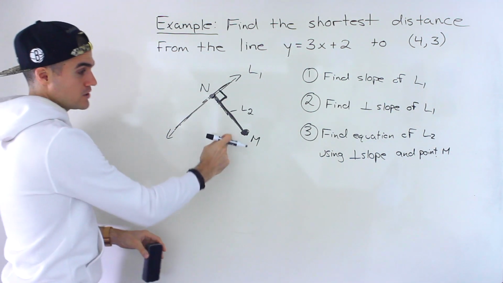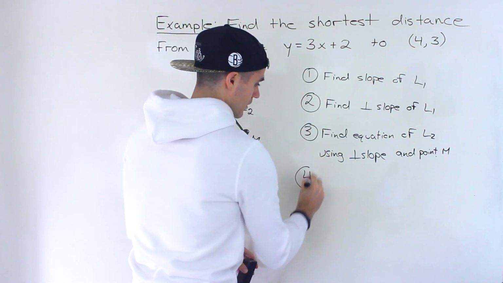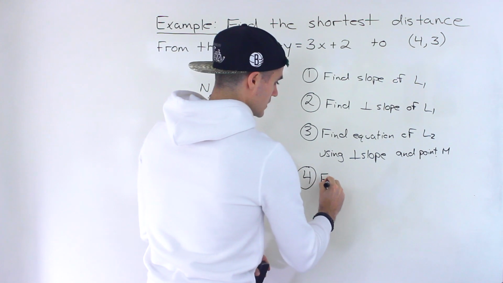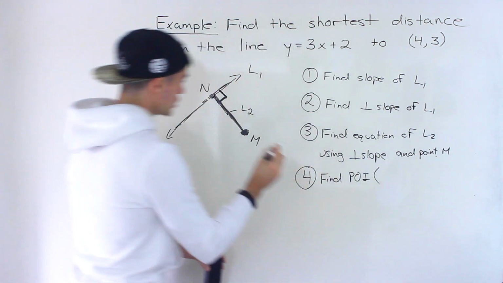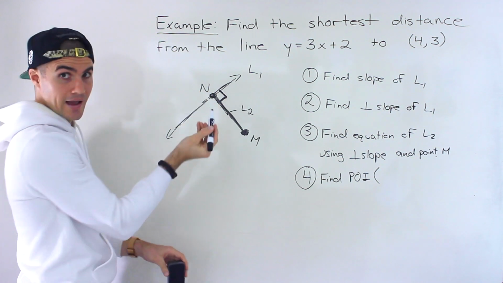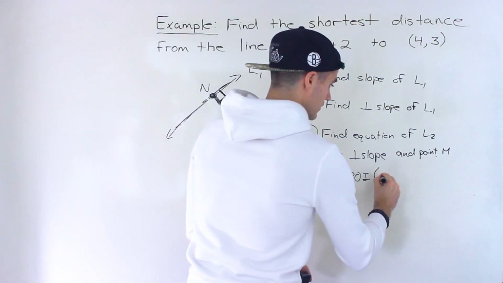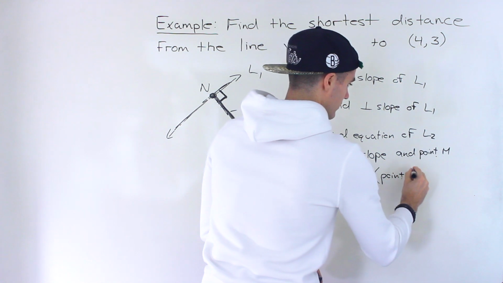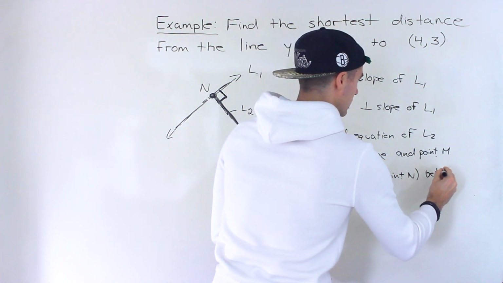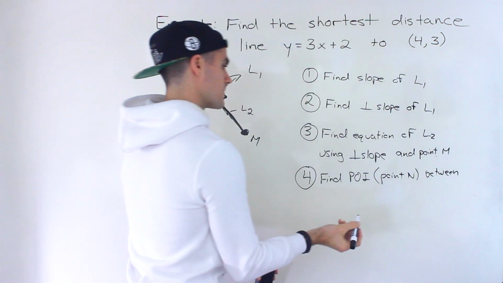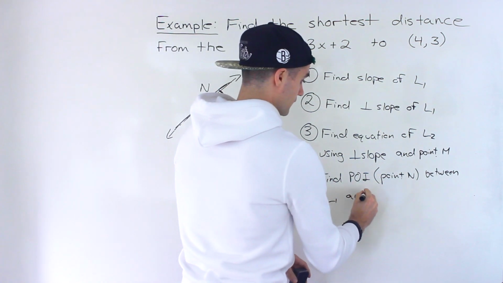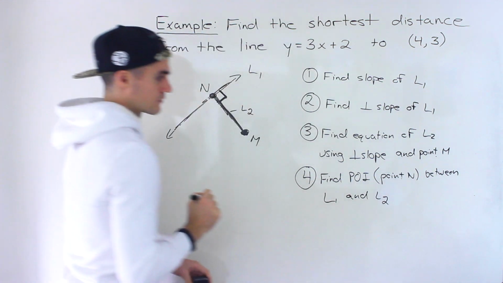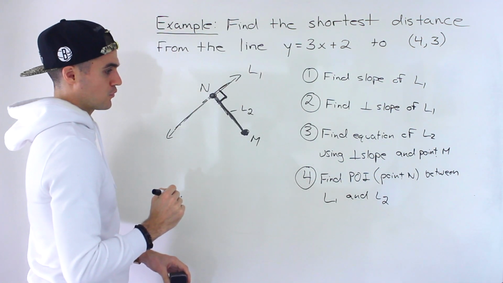And then once we have the equation of L2, we find the point of intersection, which in this diagram we're labeling as point N, between the two lines L1 and L2. Right, that's going to be the fourth step.